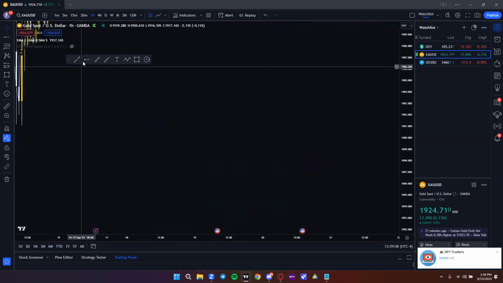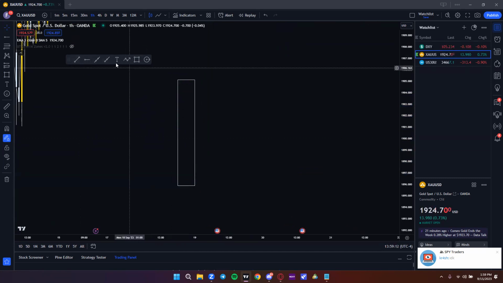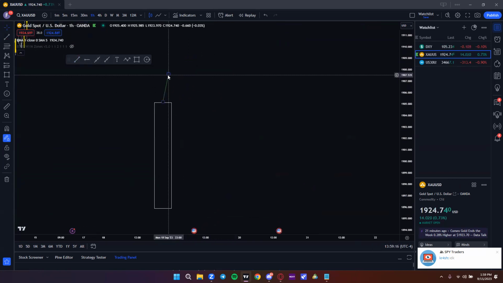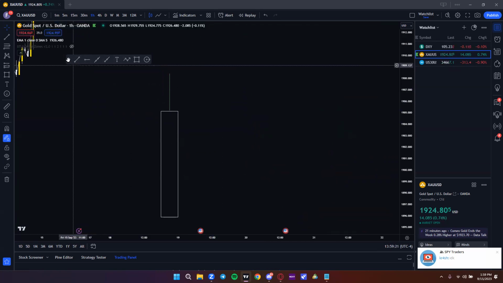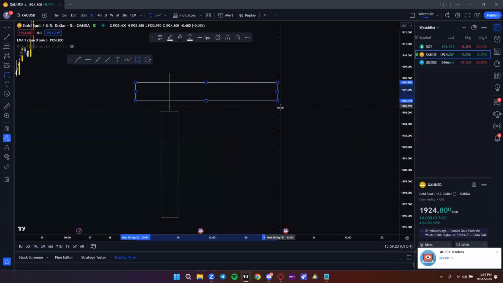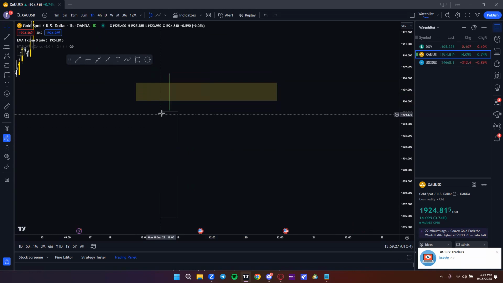But whoever asked that question, so this is weekly. Generally, I like to find my refinements in the wick, somewhere in here, if this is a weekly candle.